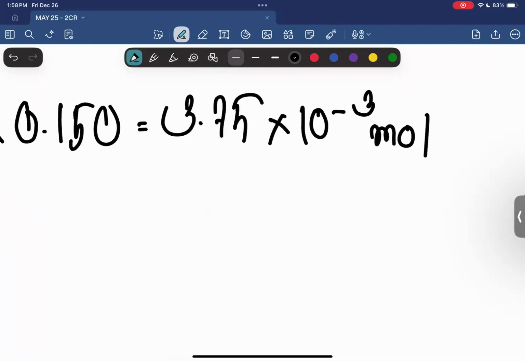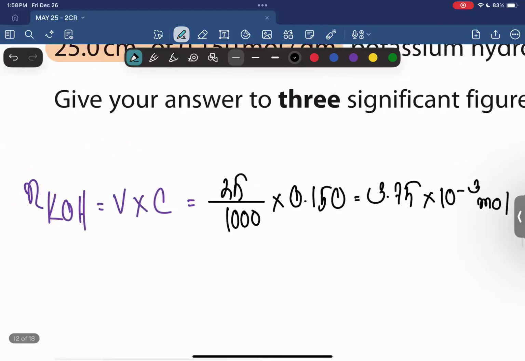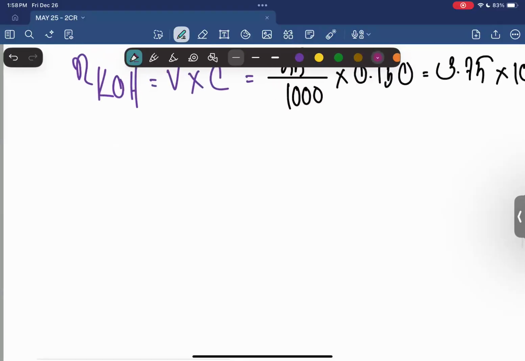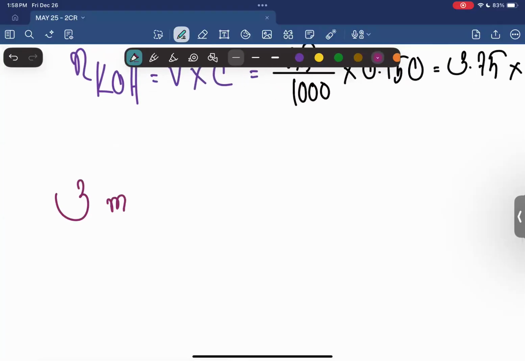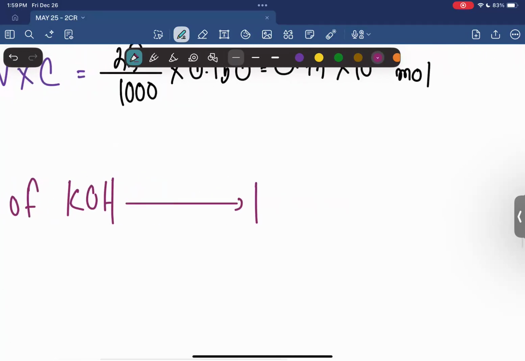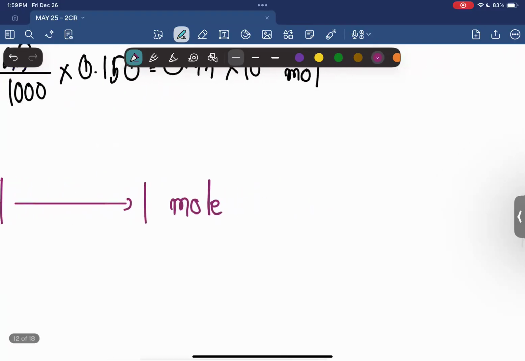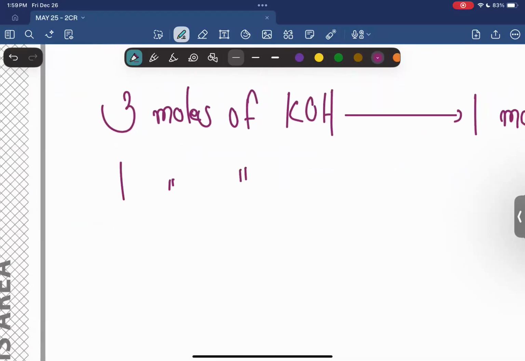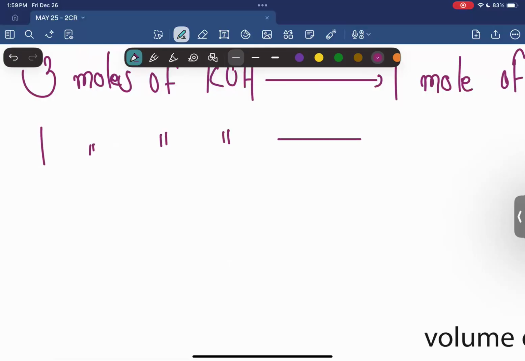Now compare the molar ratio. So it is basically in a ratio of 3 to 1, right? So 3 moles of KOH reacts with 1 mole of acid. So basically 1 mole of KOH would react with 1 by 3.